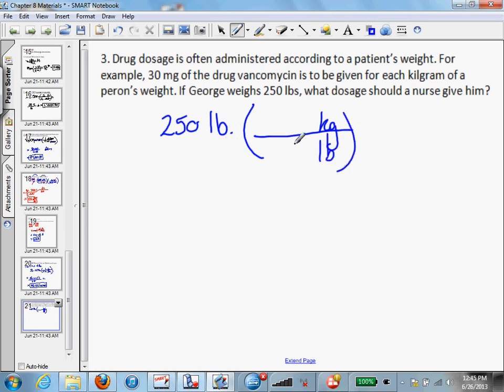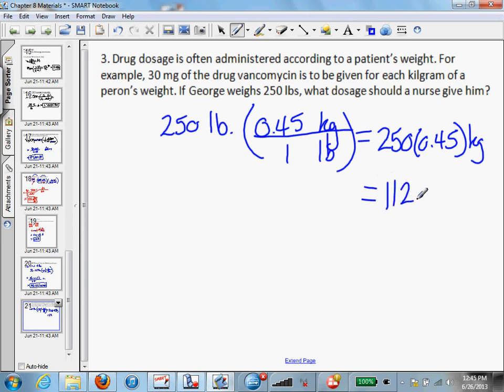So we're going to have to use a measurement like this. For 1 pound, there are 0.45 kilograms, almost half a kilogram. So what that's going to reduce to is 250 times 0.45 kilograms, and that amounts to 112.5 kilograms.